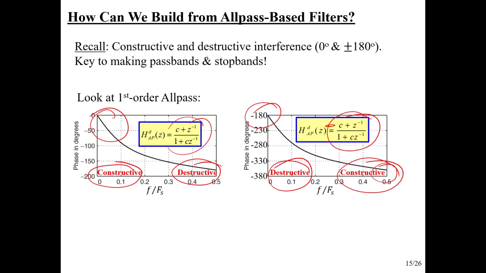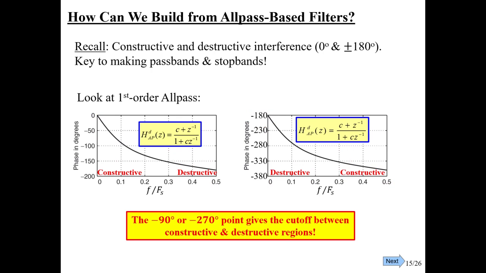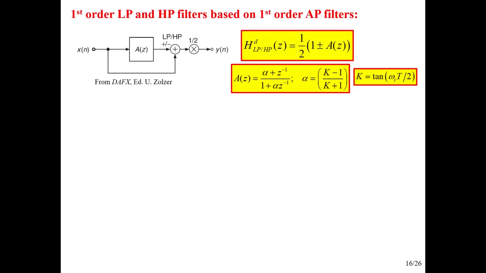This is when we add the input to the output, is when we're talking about getting this interference. So the point that makes the border between those two will define to be the minus 90 degrees. So we're going from 0 to minus 180. So minus 90 would be halfway between that. So whatever frequency we hit that at, that would be the cutoff between these regions. And same thing over here, we're doing it for the minus 270 point. So that's how we define those things.